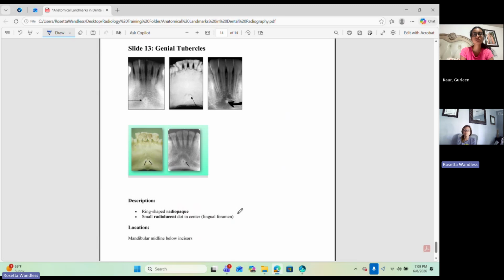The zygomatic process, your cheekbone, your external oblique ridge, are showing me where I'm at. My landmarks show exactly where I need to be in the picture.